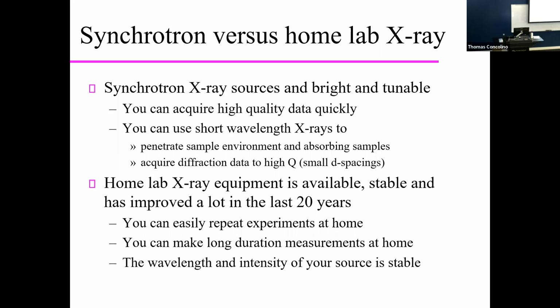And something that I think is important, but probably isn't obvious to you, is that that equipment is stable. Your copper or molybdenum K-alpha X-ray tube puts out the same wavelength today as it did yesterday and 3 months ago. That can be a problem with synchrotrons. I'll point that out as we go through some of my example studies.